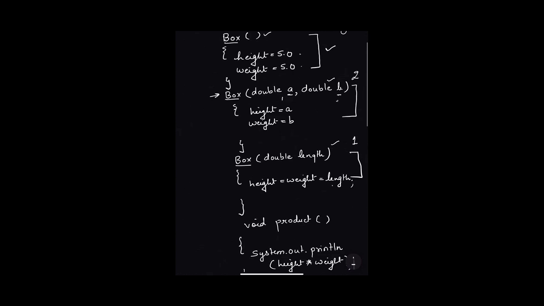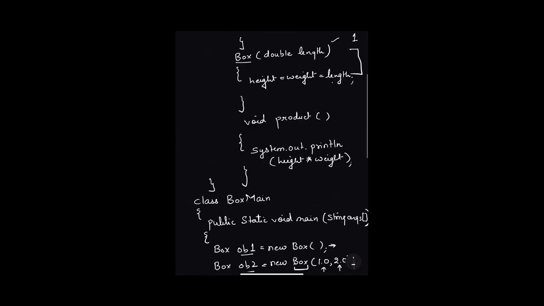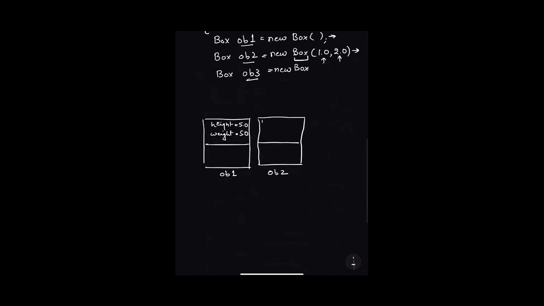This constructor has two arguments and both are of double data type. So I can say that 1.0 will be assigned to height and 2.0 will be assigned to weight. Let us show this in a class diagram. So the height value becomes 1.0 and the weight value becomes 2.0 for my object 2.